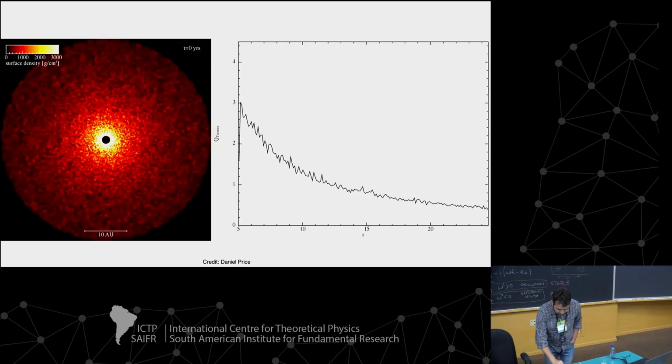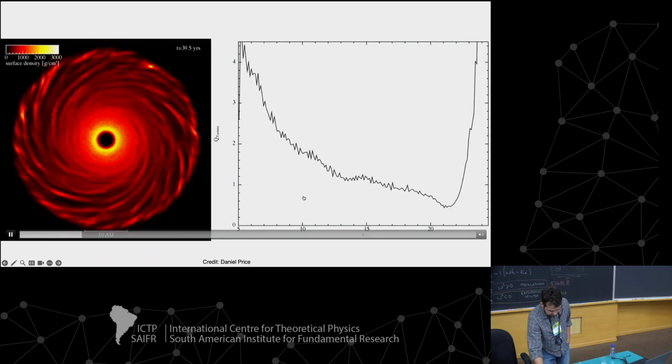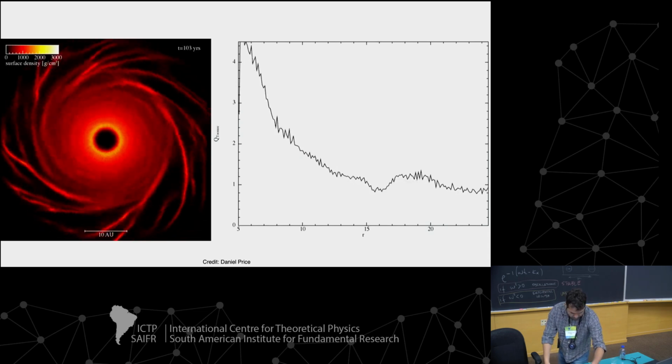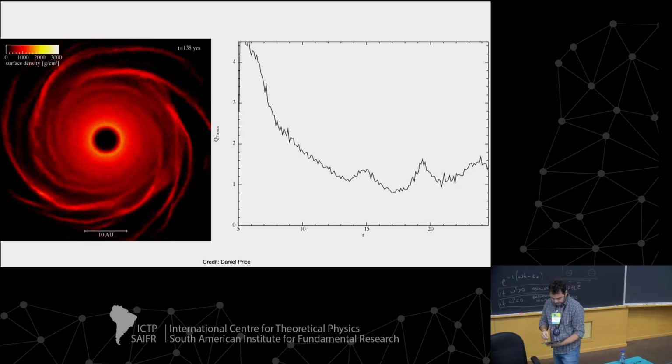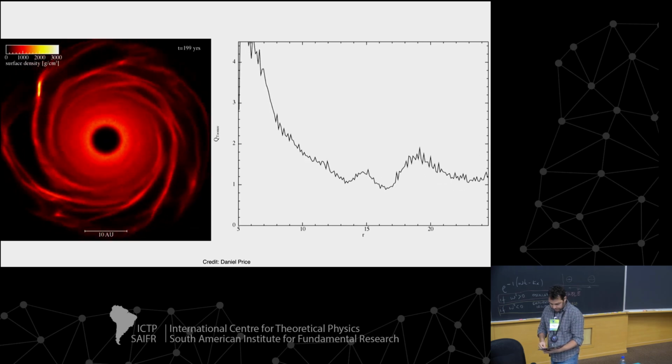Let me show it again here. And yeah, so that's what you're seeing here in this calculation. There are some regions where the Q value goes below 1, right? That means that the quantity omega squared is going negative.